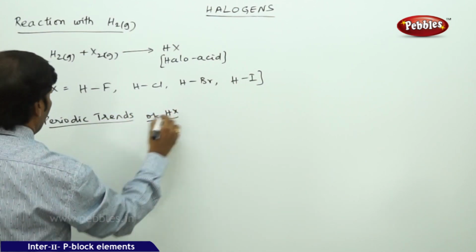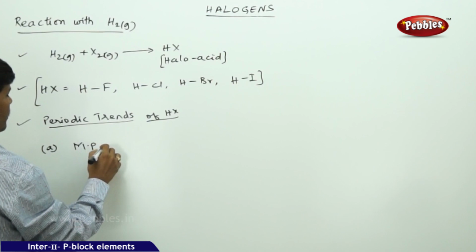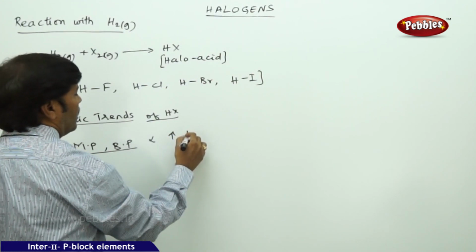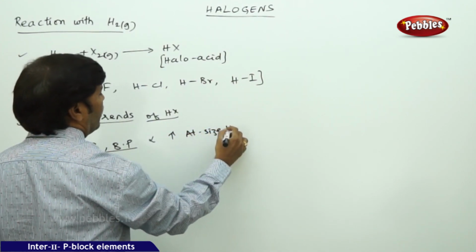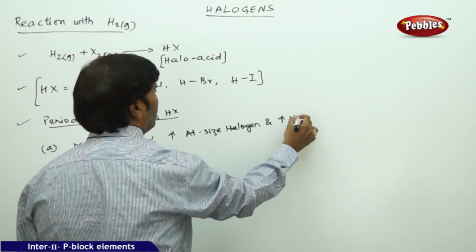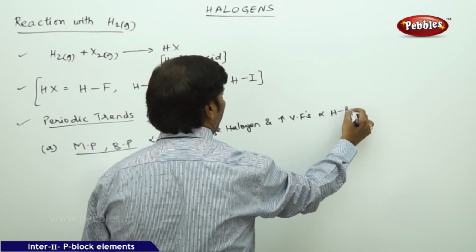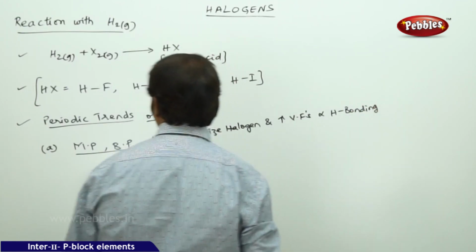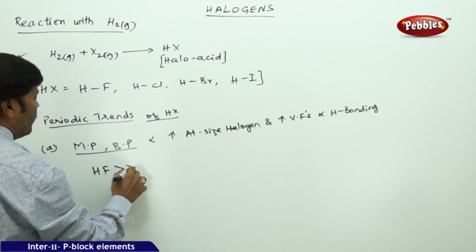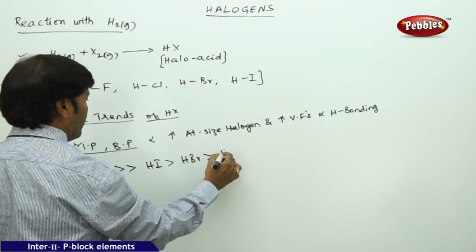The first one is melting point and boiling point. It is usually directly proportional to the increase in the atomic size of the halogen, the increase in van der Waals forces, and also hydrogen bonding. These are the three factors to keep in mind. In decreasing order, HF is much greater than HI, greater than HBr, greater than HCl.